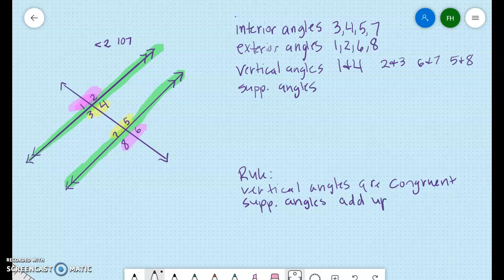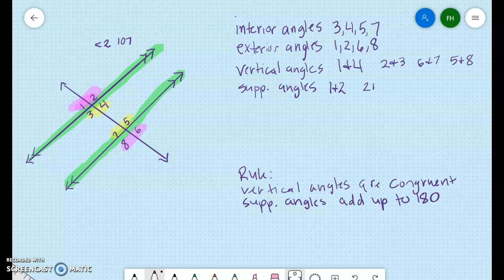They're always going to add up to 180. On the test, supplementary angles here would be 1 and 2, which add up to 180. They make a straight line when you put them together.